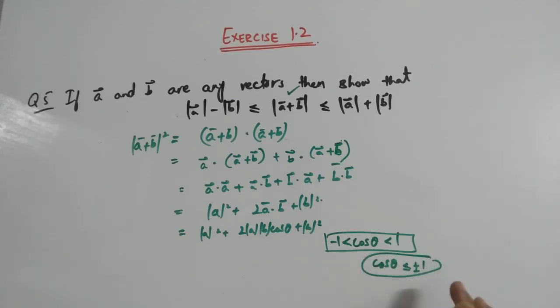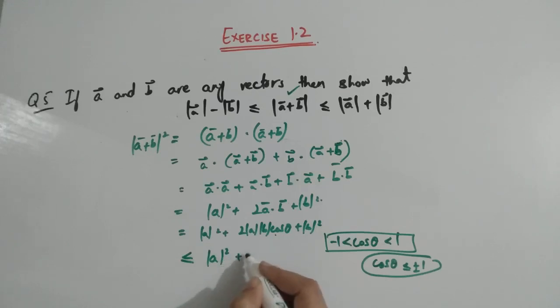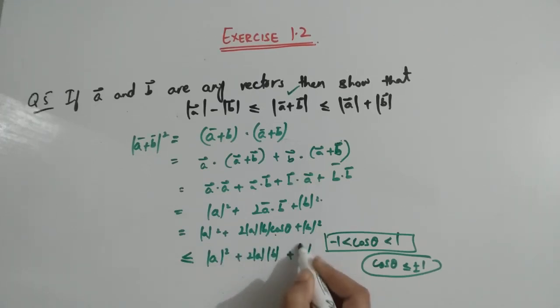That is, since cos theta can be at most plus minus 1, we can take this expression as less than or equal to |a|² plus 2|a||b| plus |b|². Now this is equal to (|a| + |b|) whole square.